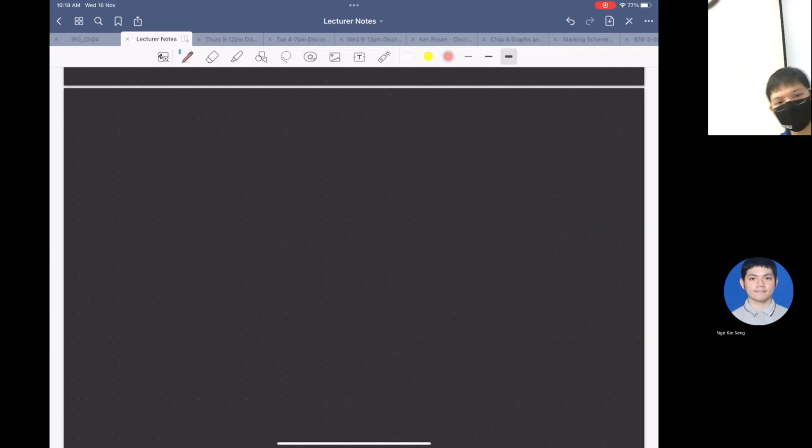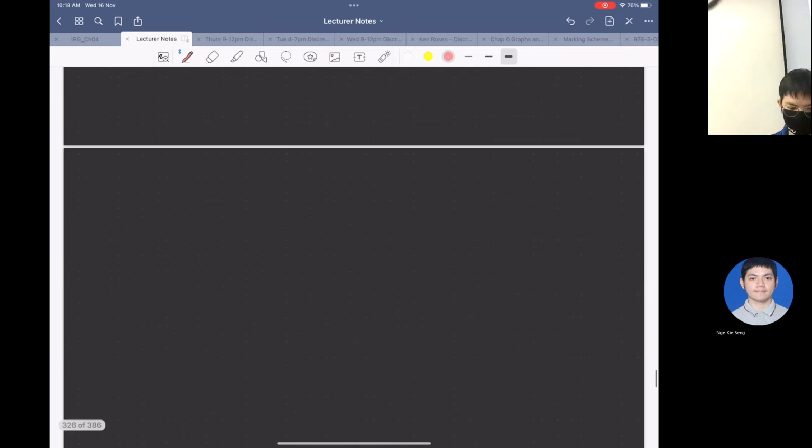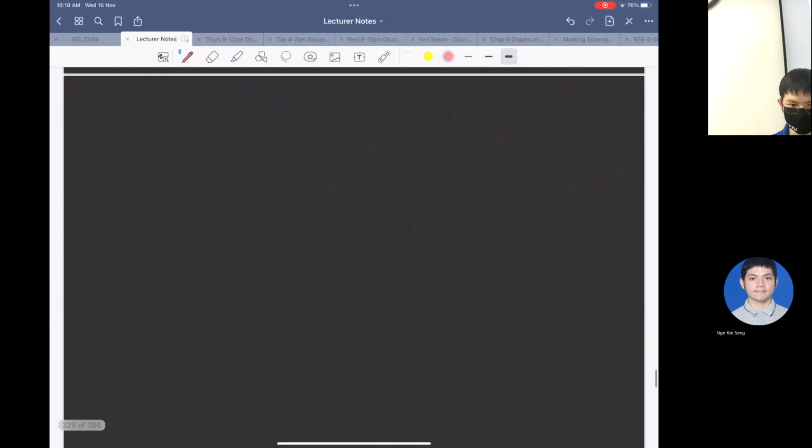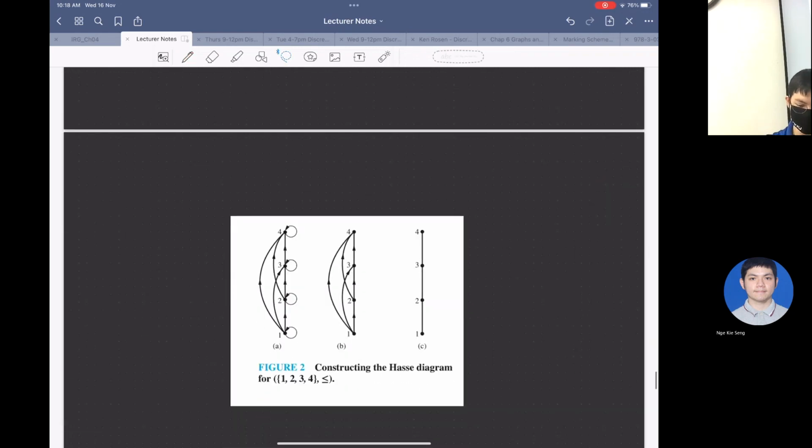Next, we will talk about the Hasse diagram. Will we start with an example? You want to see the example first or you want to see the construction? Example first. Okay, so let's bring this up then.